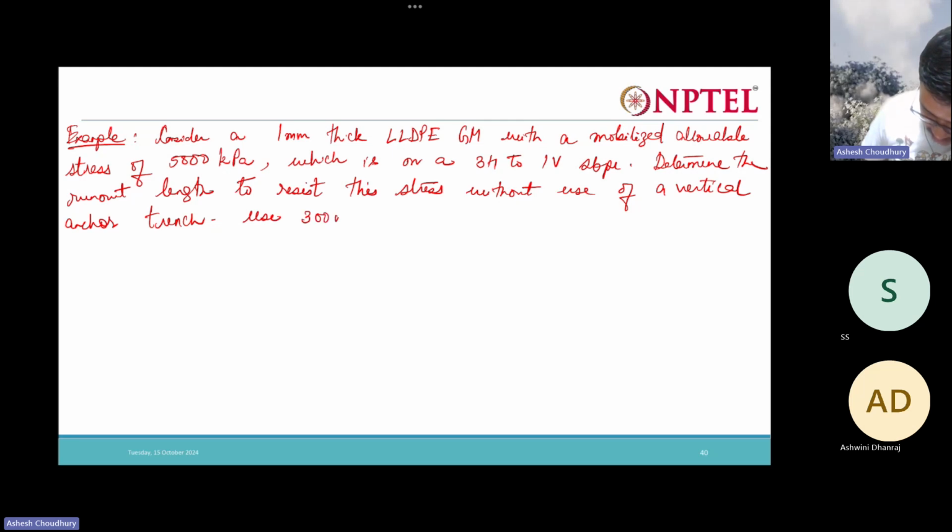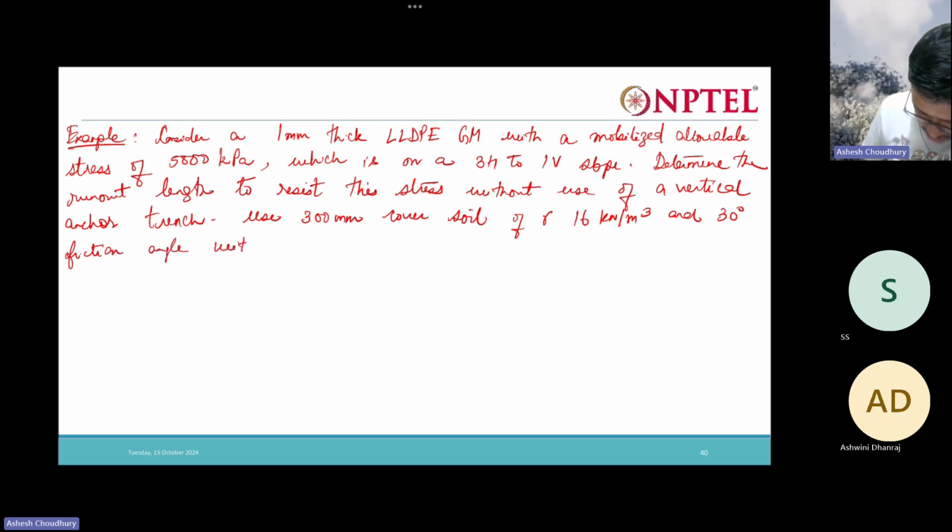Use 300 mm cover soil of 16 kN/m³ and 30-degree friction angle with the what? With the geomembrane, right?